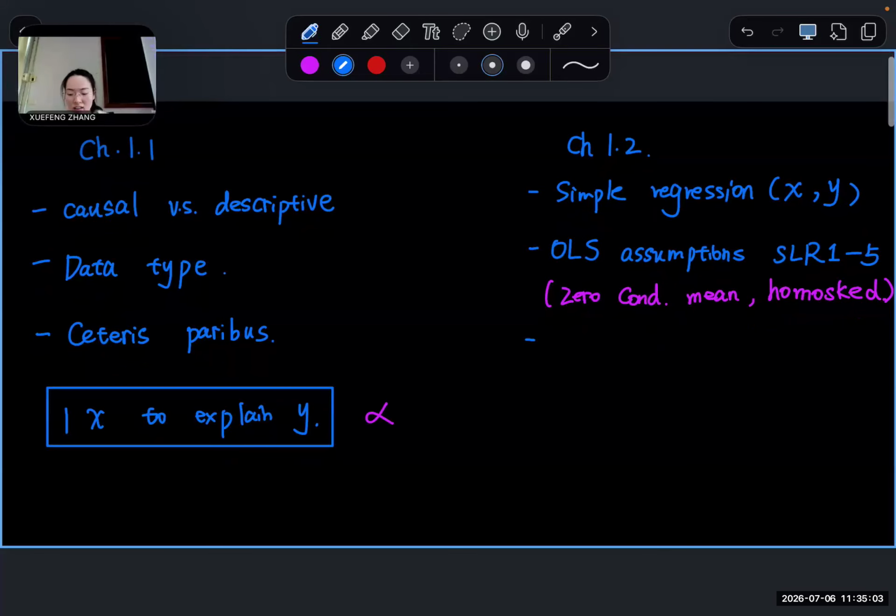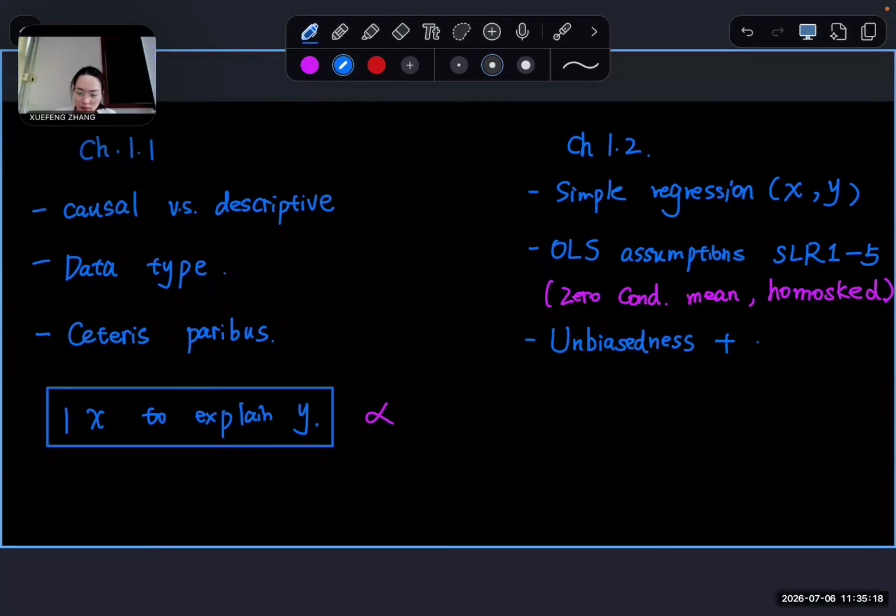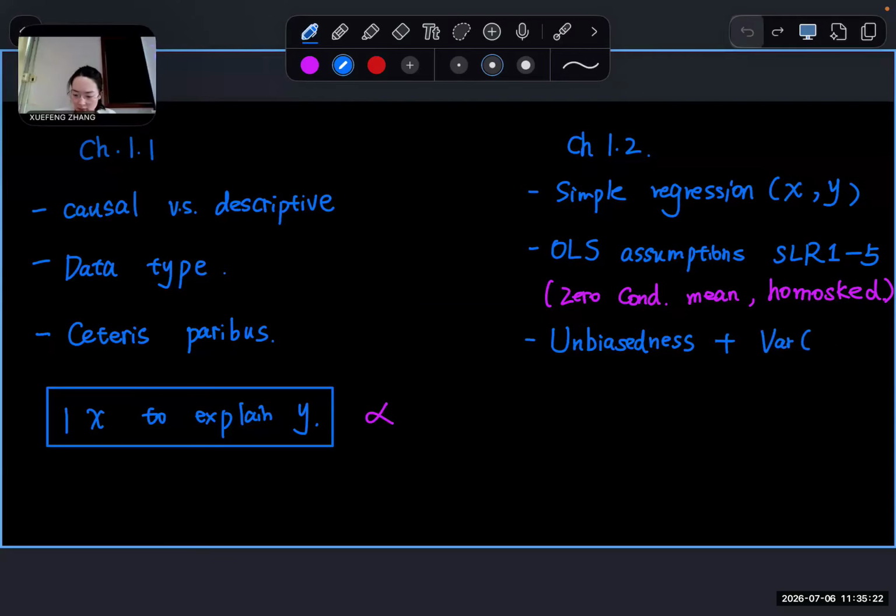Based on the assumptions, we have the unbiasedness. And the variance of beta. So beta here in general means our two parameters, right?